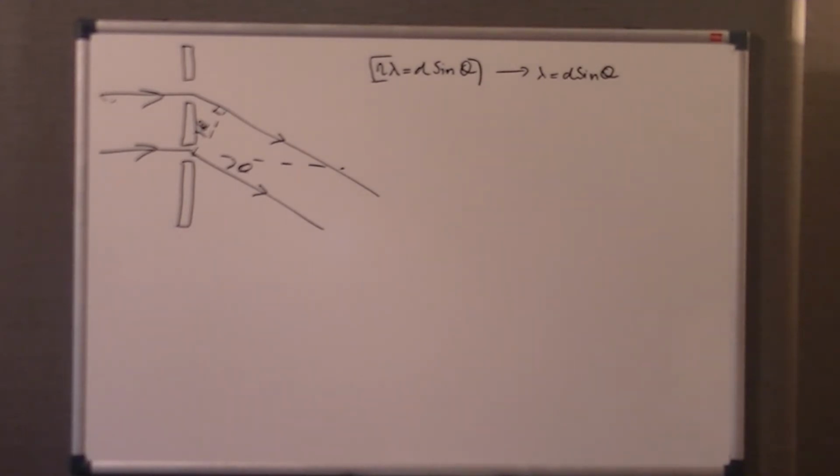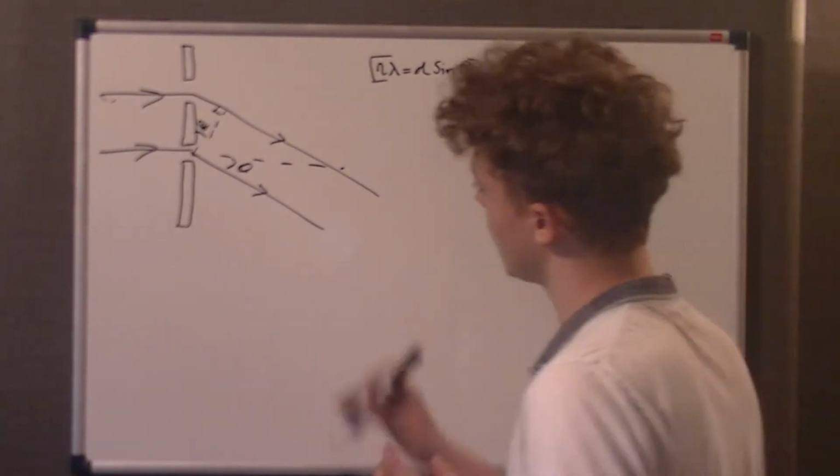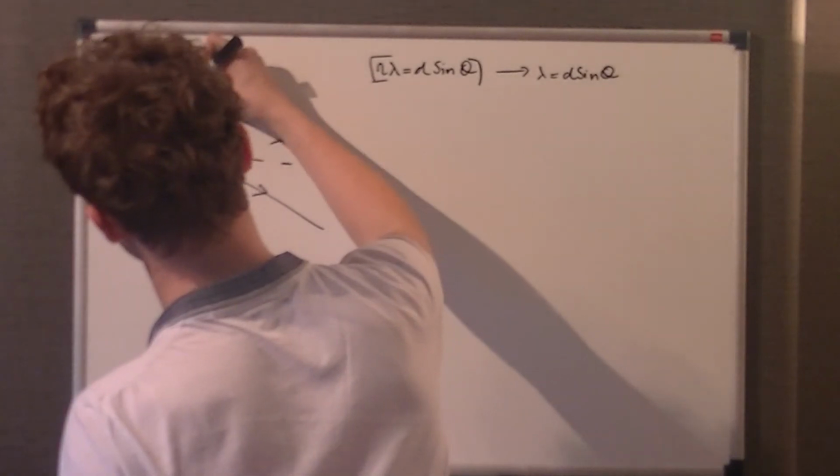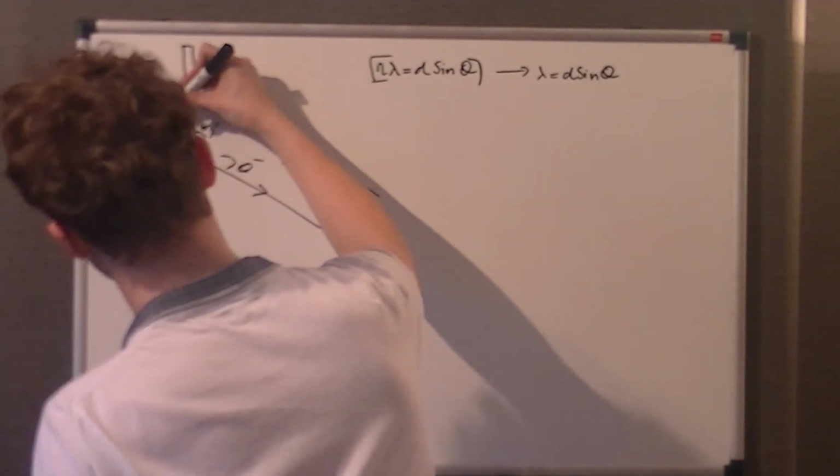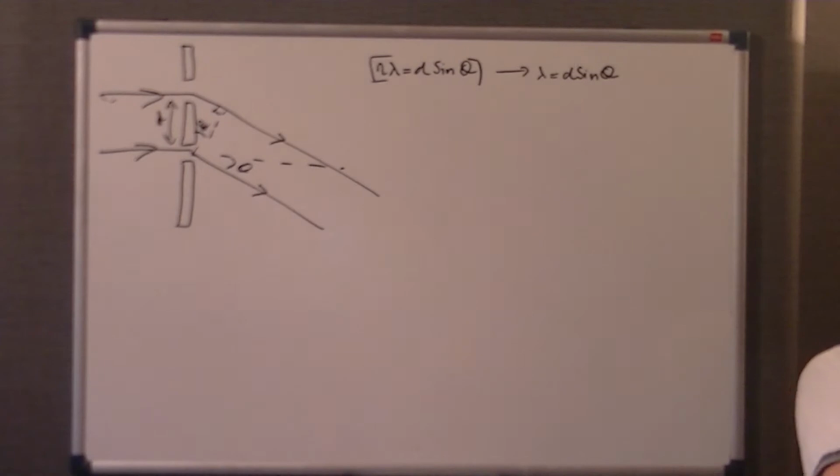So d is the diffraction grating or diffraction spacing. So d is the distance between these two lines. That's d, and your lambda is... so we just make sure this is right.